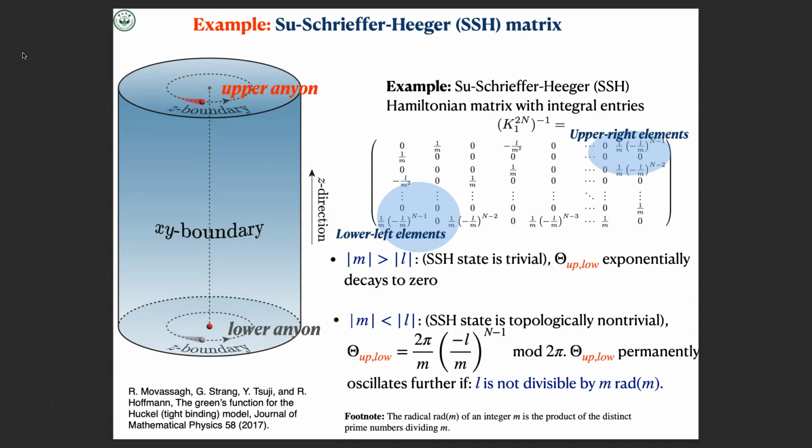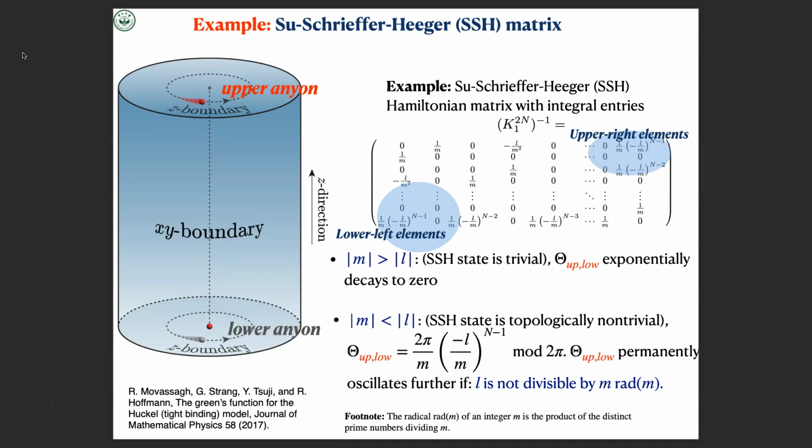But if we choose the parameter region where M is smaller than L, then this topological insulator in 1D is topologically non-trivial with a boundary symbol. Then the lower left and upper right elements are non-zero. If we compute this braiding phase between the upper angle and lower angle, we need to use the lower left element or the upper right element, because it's symmetric, just using the lower left is enough.